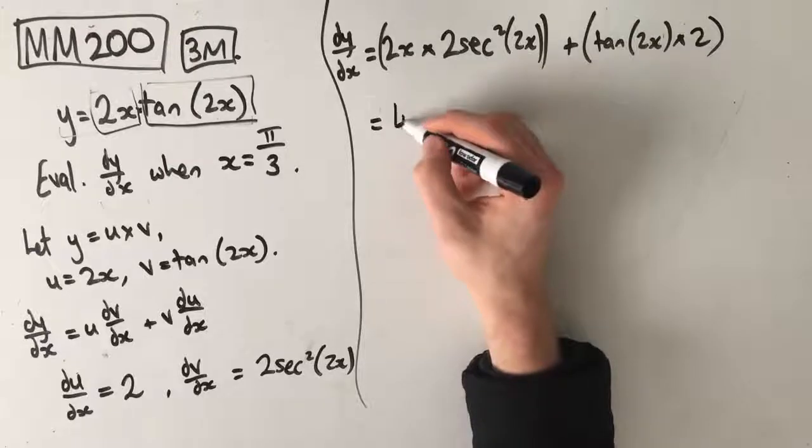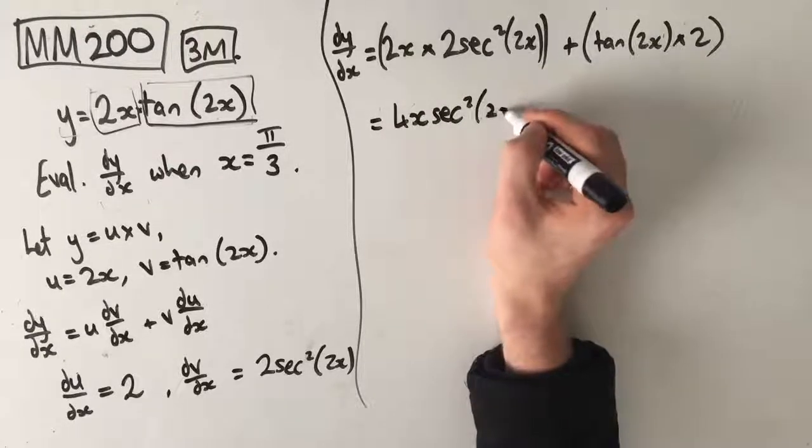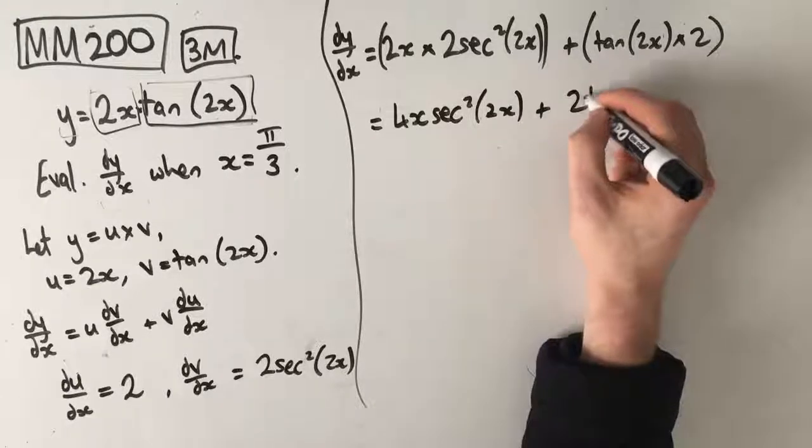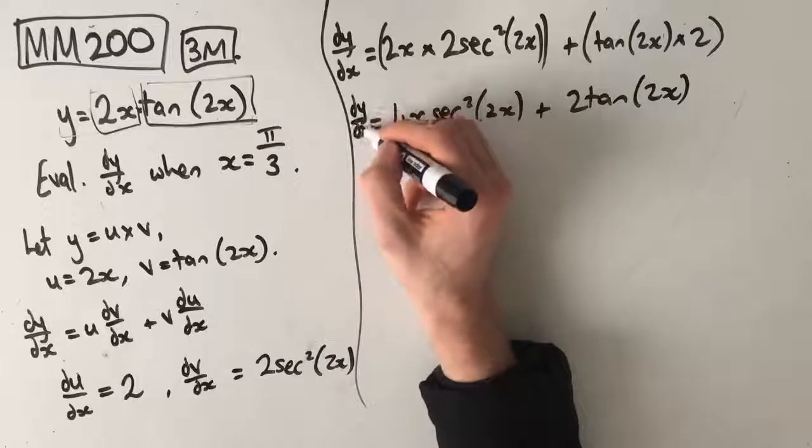So then we end up with 4x sec squared 2x plus 2 tan of 2x. Awesome. So that's our dy/dx.